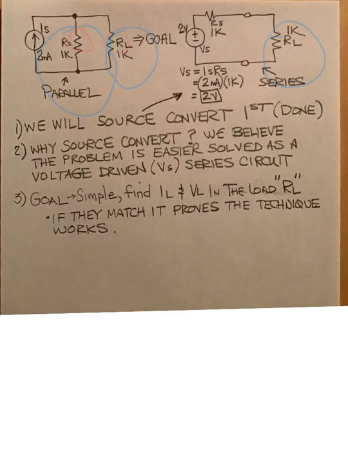If those two resistors both get the same current through them, and the same voltage across themselves, then as far as the load is concerned, the circuit driving it could be either of those two circuits.